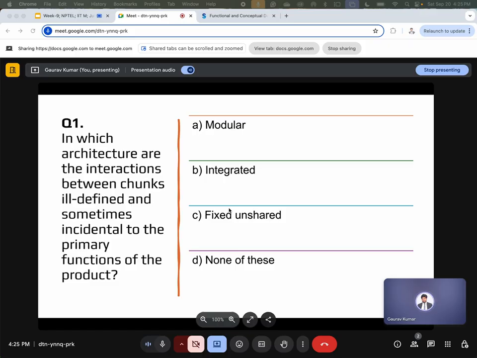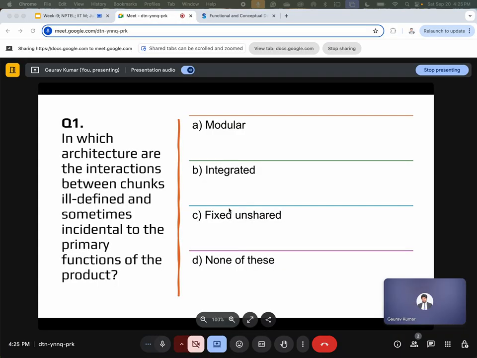As you can see on your screen, our first question is: in which architecture are the interactions between chunks ill defined and sometimes incidental to the primary functions of the product? Is it modular?